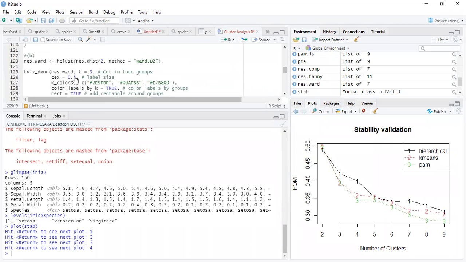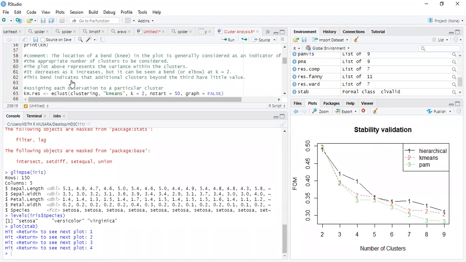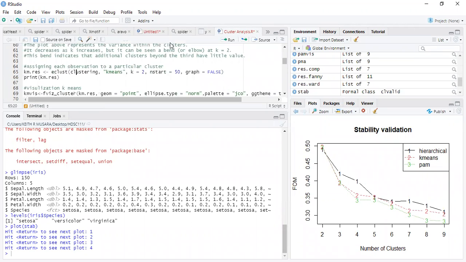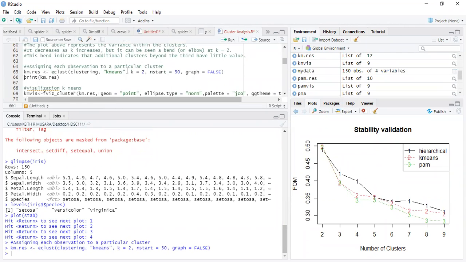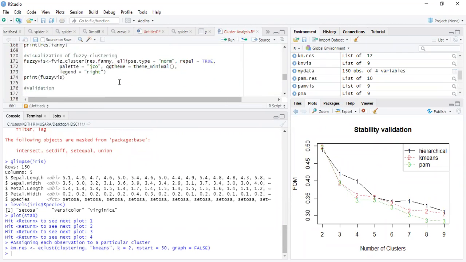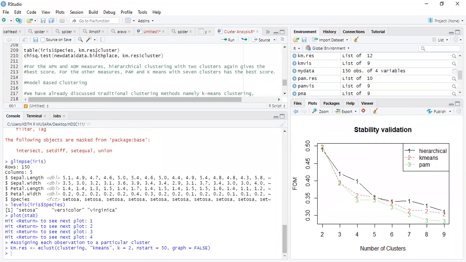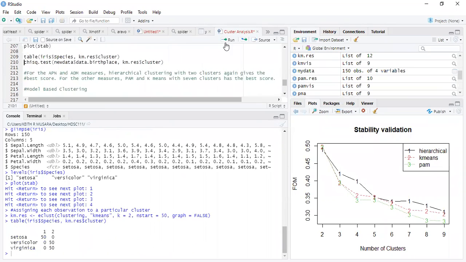How many number of clusters did I use for the k-means? Okay, it was 2. Let me rerun so that I'm sure those are 2 clusters. So I say kmeans dollar cluster. Let me see if it gives me a table. Yes.